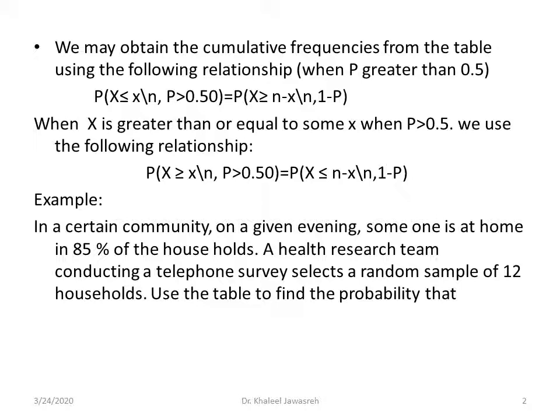We do need to think about the table. This table gives us probabilities only up to 0.5, and this probability is greater than 0.5, which is 85%. Now we do need to restate our problem to think about the failure, not the success. A team conducting a telephone survey selects a random sample of 12 households; they call 12 houses.